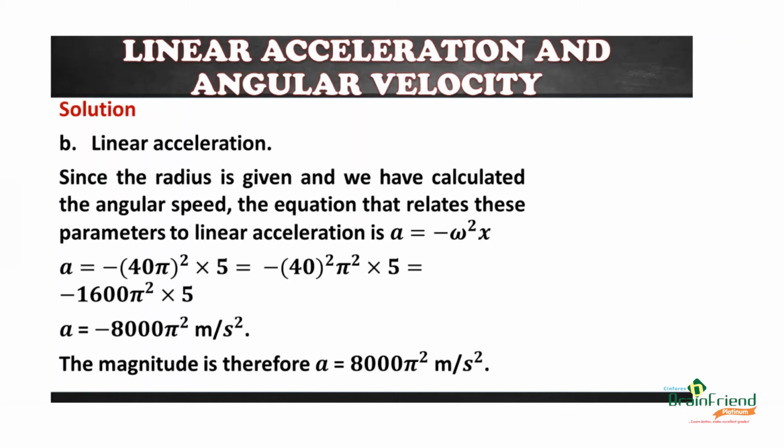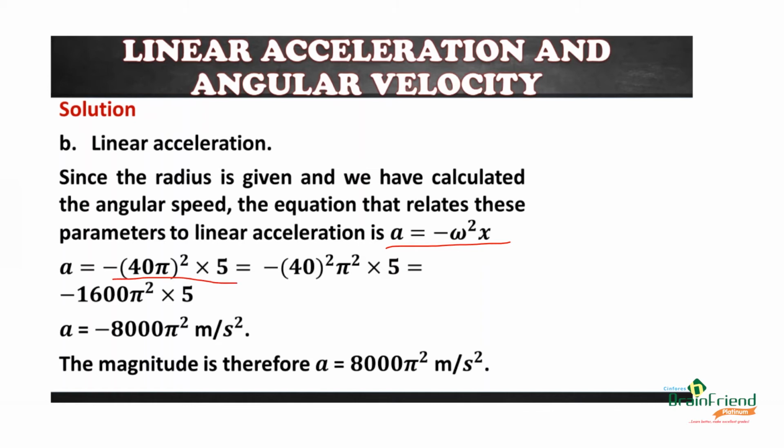Since the radius of the motion is given and we've calculated the angular velocity to be 40 pi radians per second, the linear acceleration can be calculated using the formula a equal to minus omega squared x. Substituting 40 pi for omega and 5 for x, we have a equal to minus 40 pi all squared times 5.